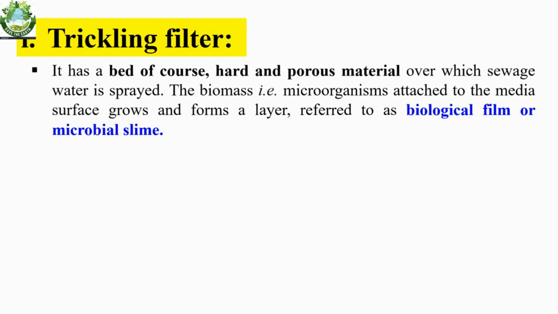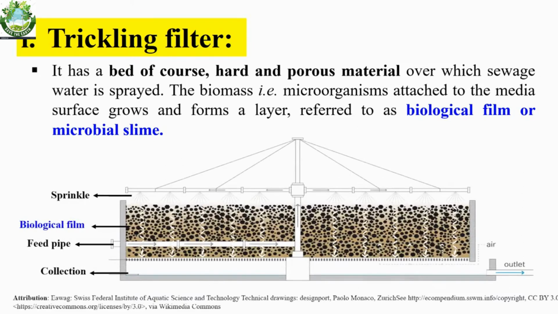The microorganisms attached to that media surface form a layer which is known as the biological film or microbial slime. Here in this diagram you can see the construction of the trickling filter.